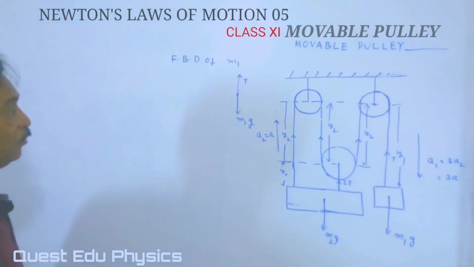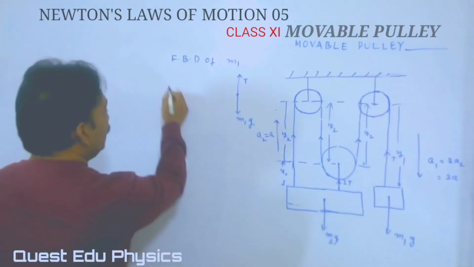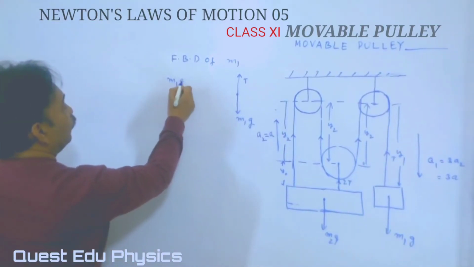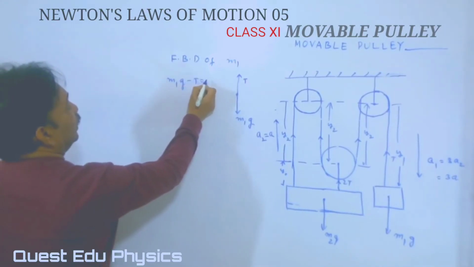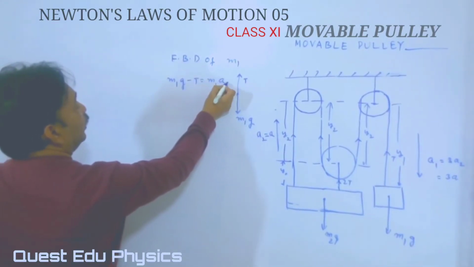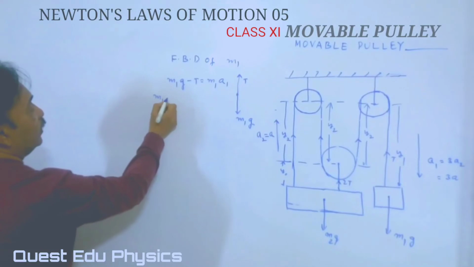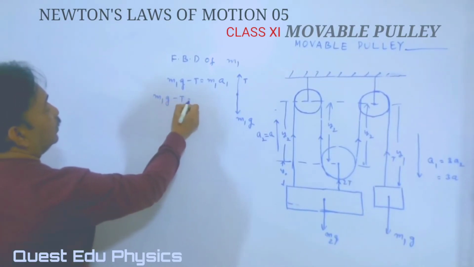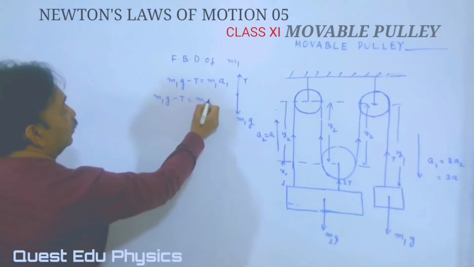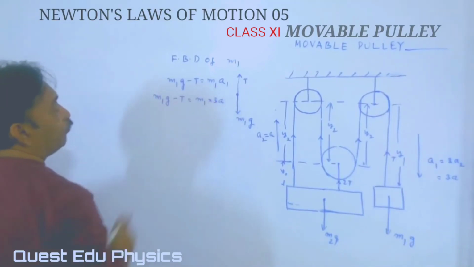Okay students, m1g minus t is equal to m1 into a1, that is m1g minus t is equal to m1 into 3a.